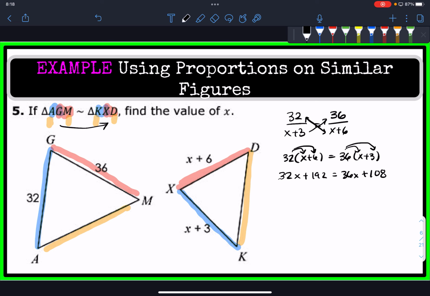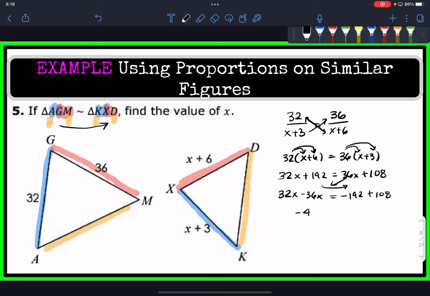And now we can solve this equation by putting our letters to the left and our numbers to the right. So I am going to move 36x to this side, which makes it negative 36x. Move 192 to this side, which makes it negative 192 plus 108.